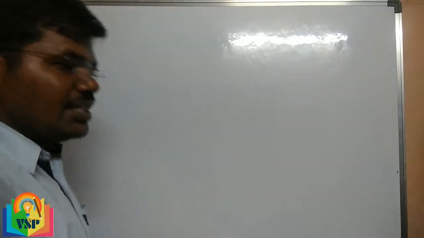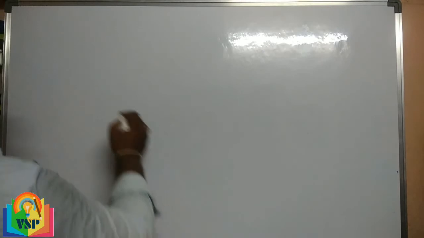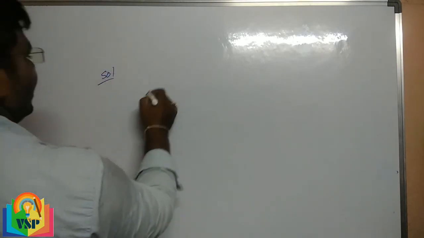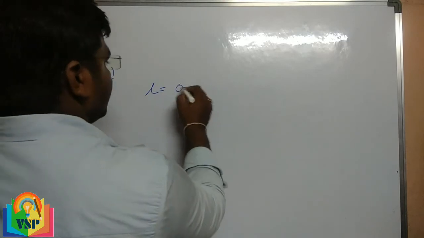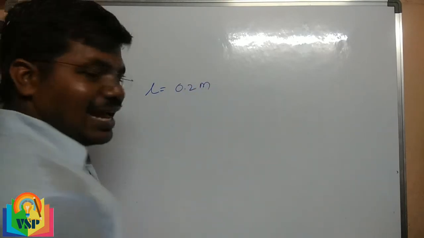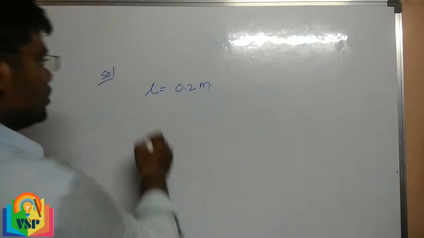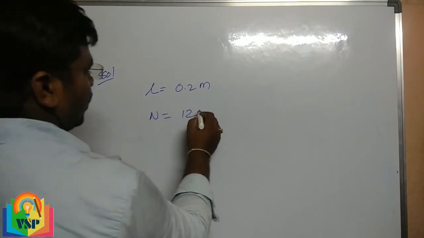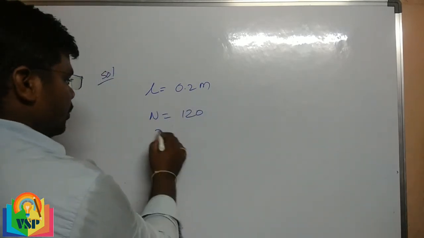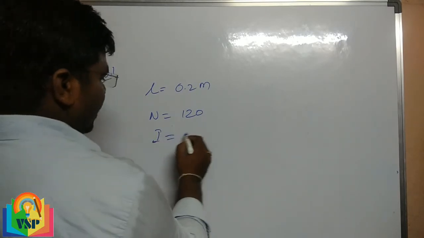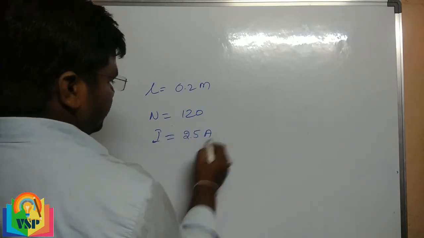Coming to the problem. In this problem, the length of the solenoid is given as 0.2 meters, the number of turns is 120, and the current is 2.5 amperes.